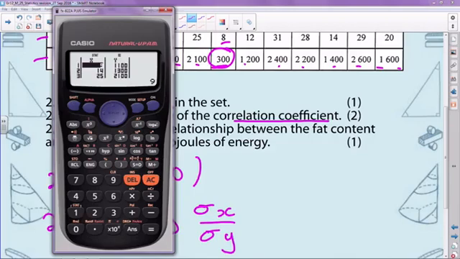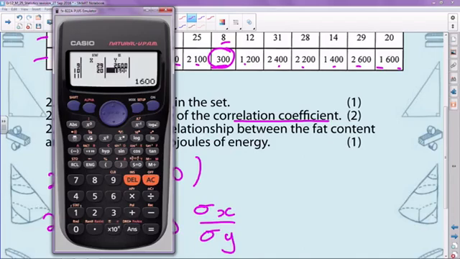You will get 3 columns, the one showing you the number of data points, and then you've got the values for X and Y. And what you'll see is I've entered values for X being the fat content, and then I've gone all the way to the 10th data point, which was when X is 20, the amount of kilojoules released is 1,600, and I've gone through each of those points and entered their X and Y values.